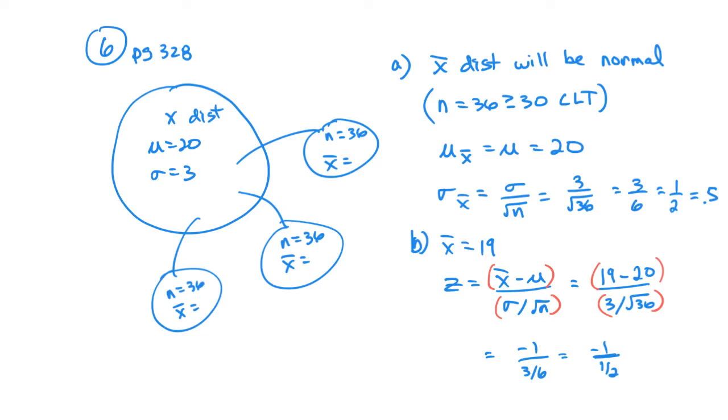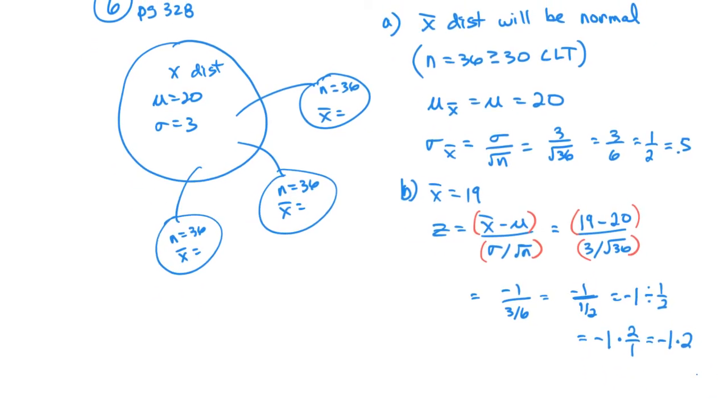So couldn't you really look at this and say this is negative 1 divided by 1/2? Because you can always read a fraction bar as divided by. And then you guys would have learned a long time ago, we never divide fractions, but instead we multiply by the reciprocal. So this is really equal to negative 1 times the reciprocal of 1/2, which is 2 over 1, which is just negative 1 times 2, which is just negative 2.